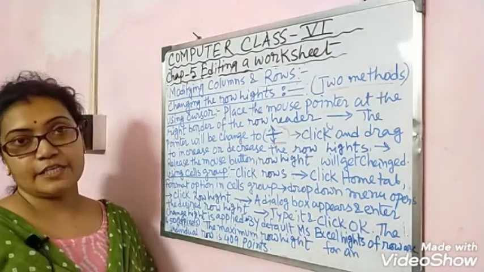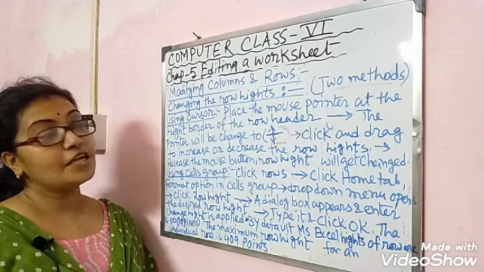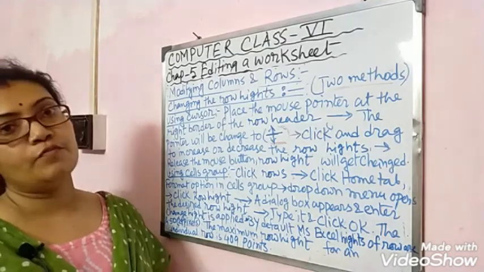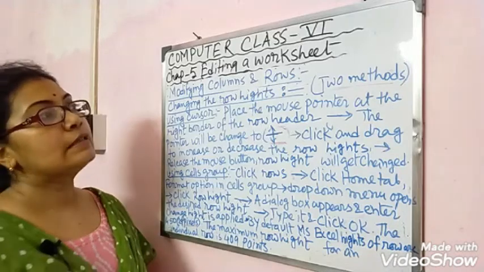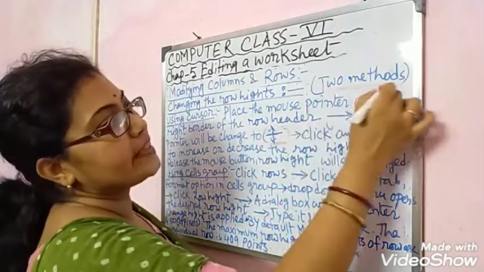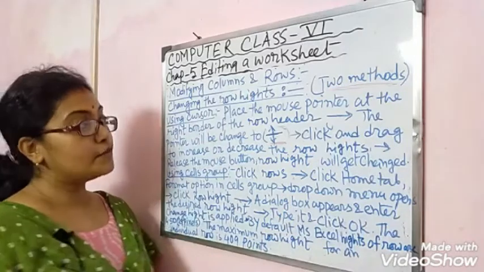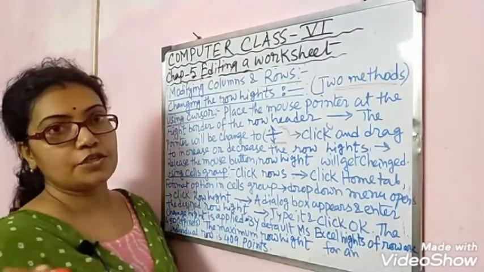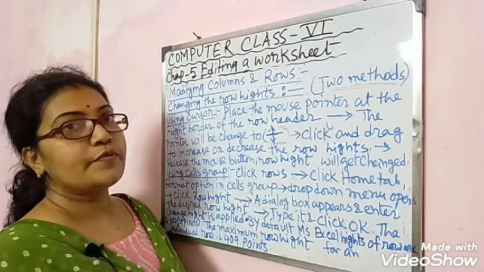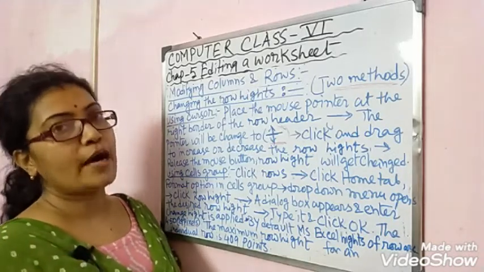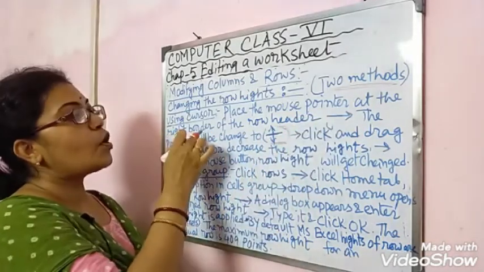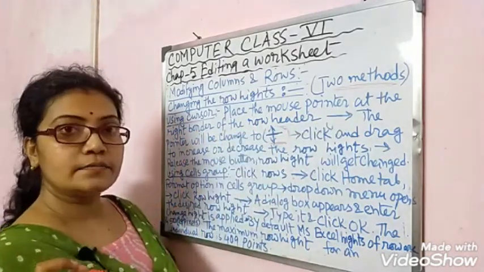Children, our next point is changing the row heights. Same as column width, there are also two methods. First, using the cursor. Like column widths, we can change the row height also. Place the mouse pointer at the border of the row header.